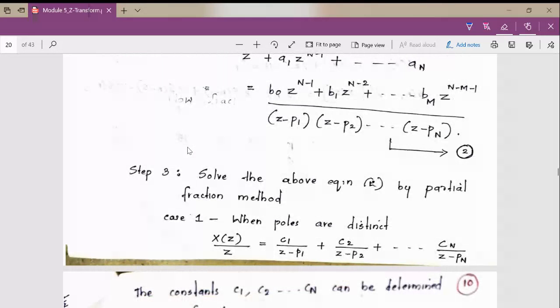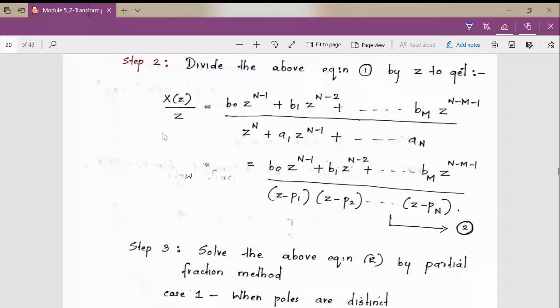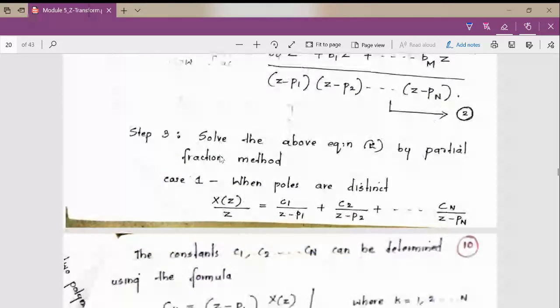We know how to divide a given equation into partial fractions with distinct factors. If the polynomial is a quadratic equation, we need to find the roots and write the polynomial in terms of its roots.